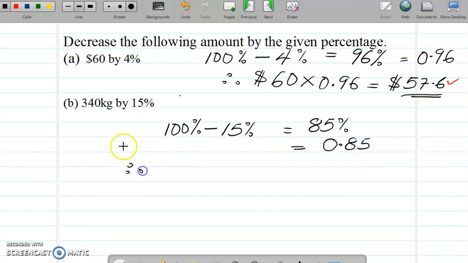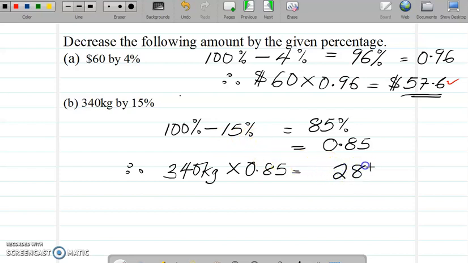So the decrease will now be 340 kg multiplied by 0.85, which is 289 kg. You see that? But if you're asked to increase, that means you are going to add.